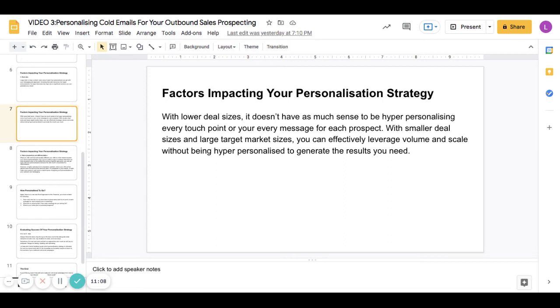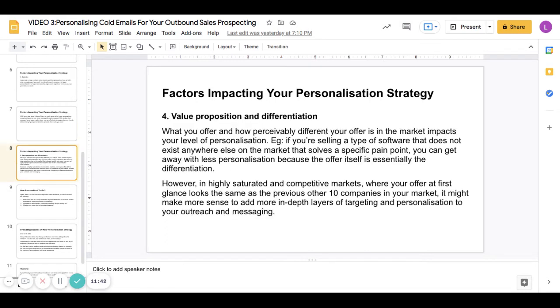Because with a lot of the companies where you're dealing with a smaller deal or contract value size, and you've got a large target market, a pool of prospects in the thousands, you can effectively leverage volume and the ability to scale without spending as much time on hyper-personalizing every aspect of your messaging and touchpoints in your prospecting process, okay? So, yeah, it's a really important factor to consider in the strategy you go with.